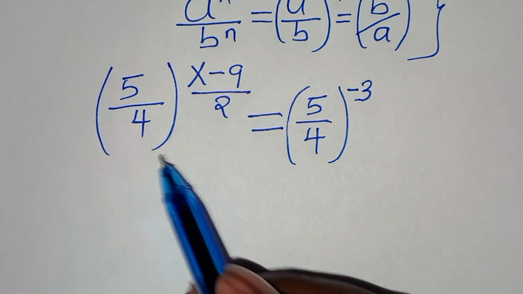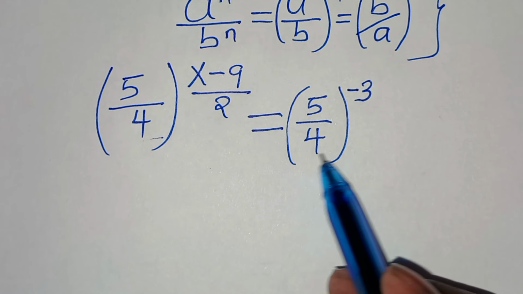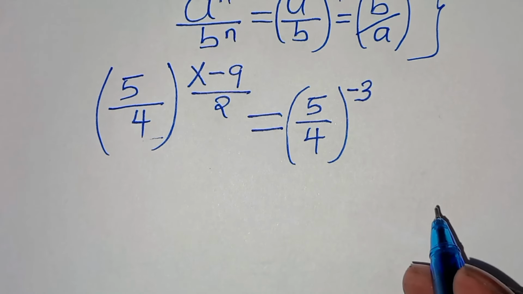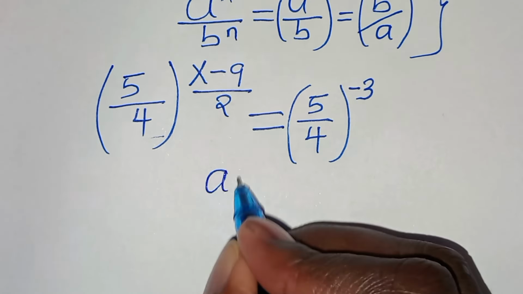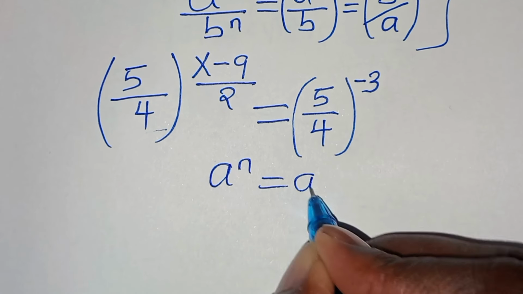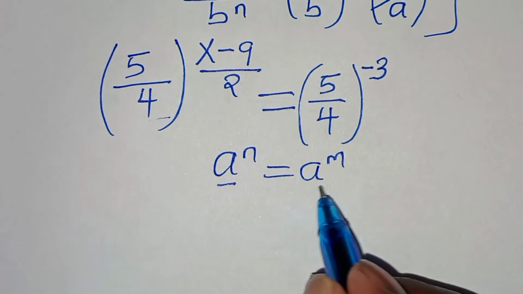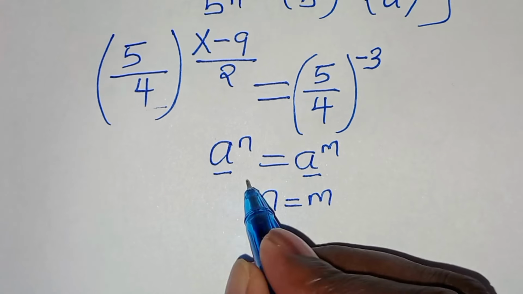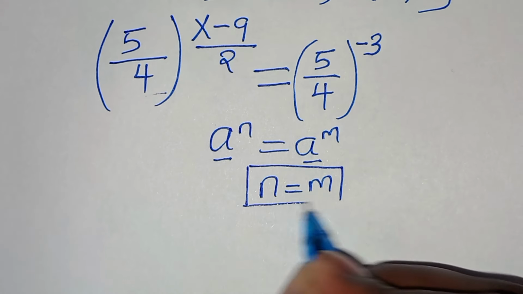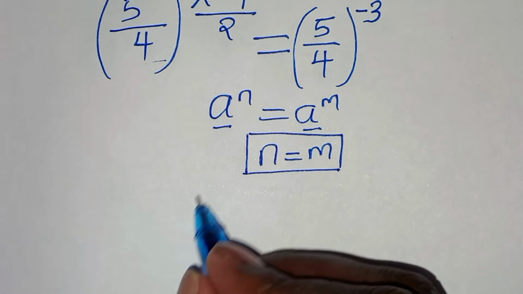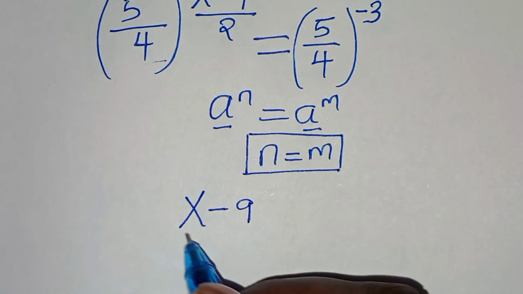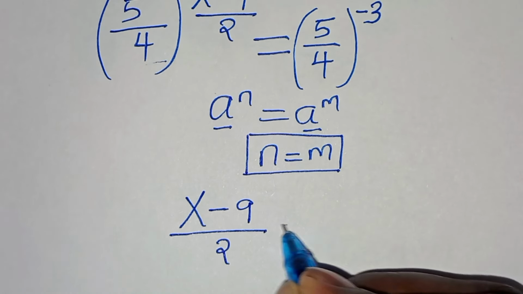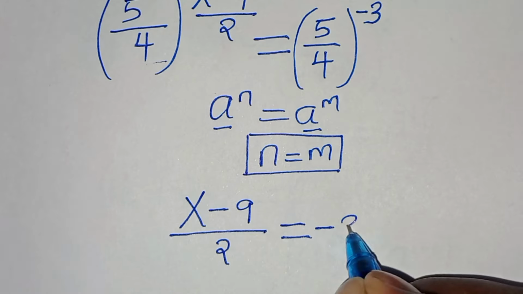The bases are the same here. What we mean is that if a to the power of n is equal to a to the power of m, since the bases are common, exponent n is equal to m. So we have x subtract 9 divided by 2 equal to minus 3.